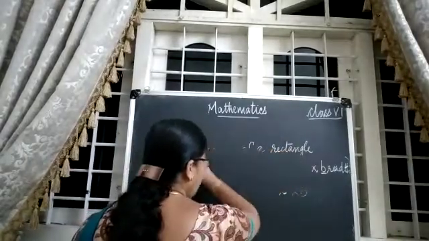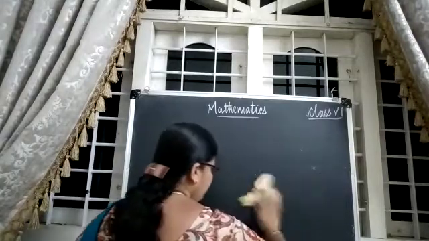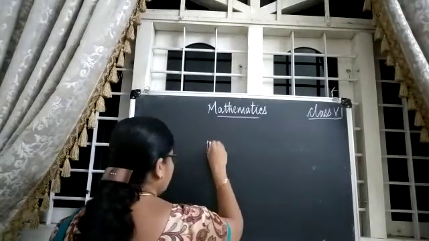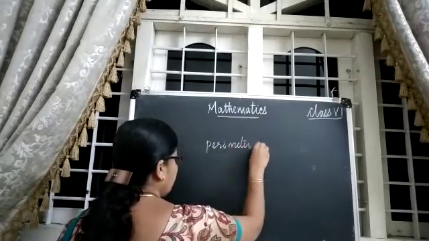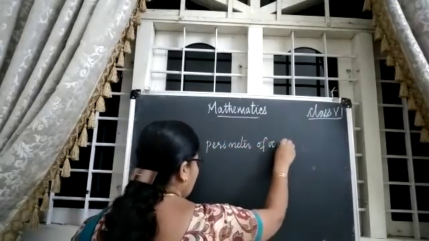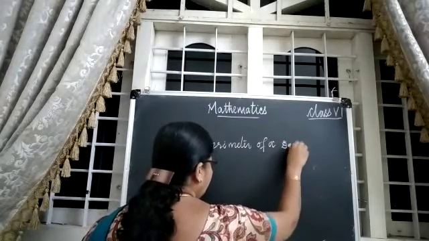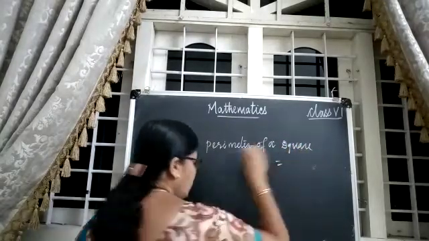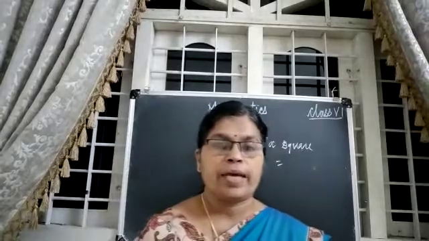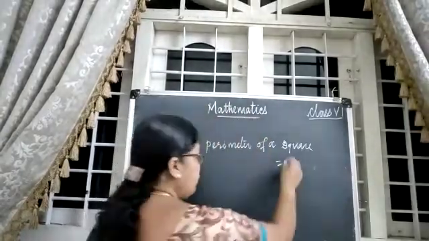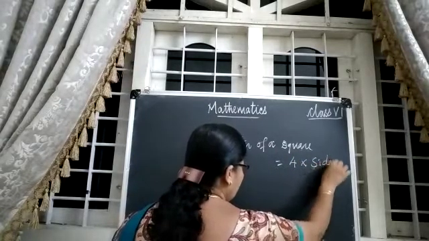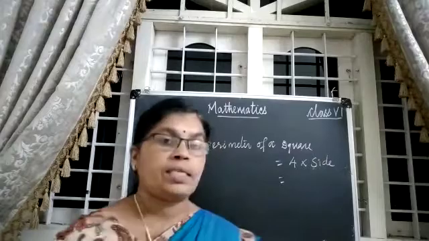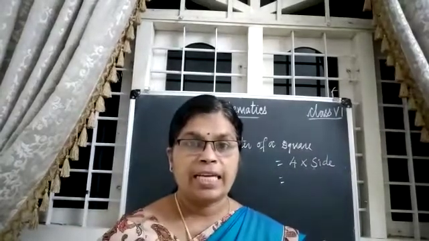Next, perimeter of a square. What did you study? Perimeter of a square is 4 into side. No need to write side fully, S-I-D-E.